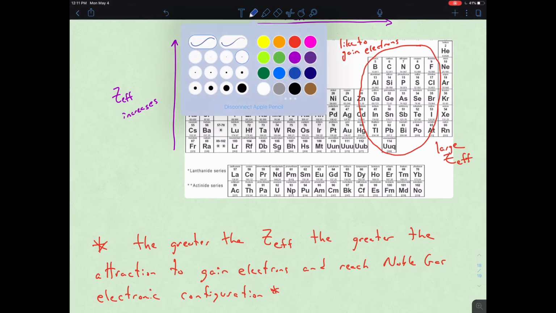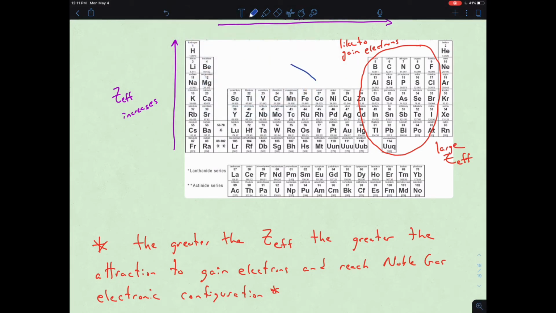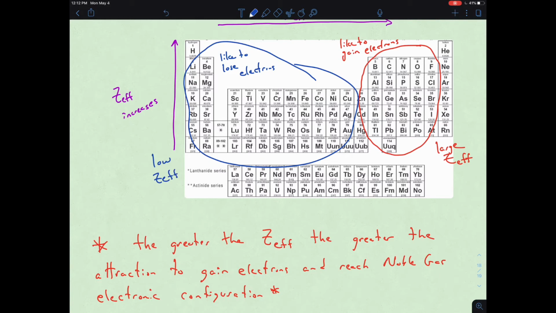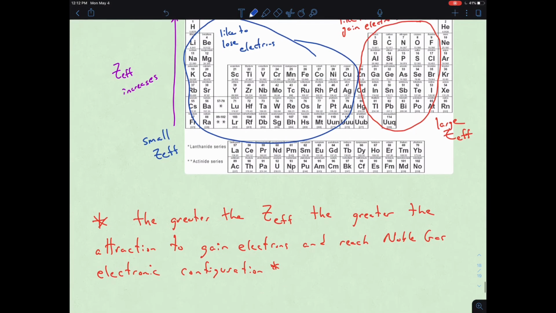And then if we go to the other side of the things, where we now like to lose electrons, that's because we actually have a low Z effective, or a small Z effective.